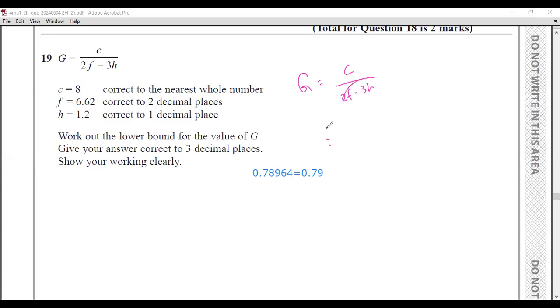Whenever we are finding lower bound, C should be lower bound and the denominator should be upper bound, because they are inversely proportional. So 7.5 divided by, you will take 2 times, and again, when you are doing subtraction, the maximum values should be subtracted. So 6.625 minus 3 times 1.2.